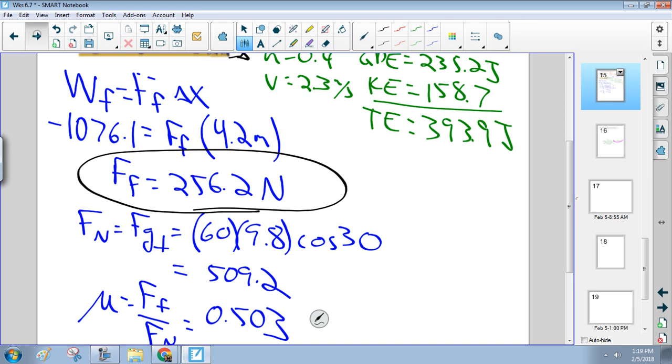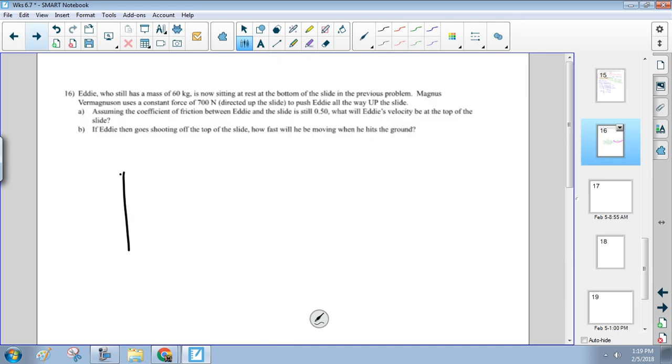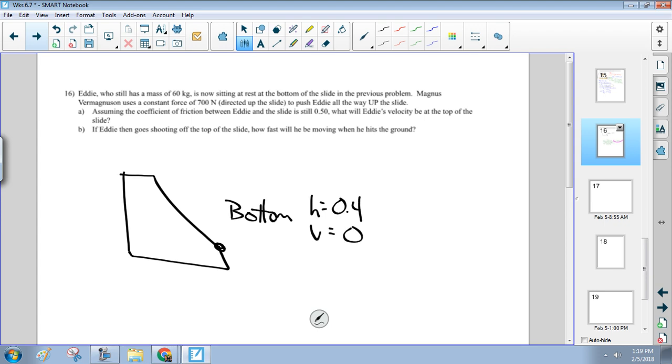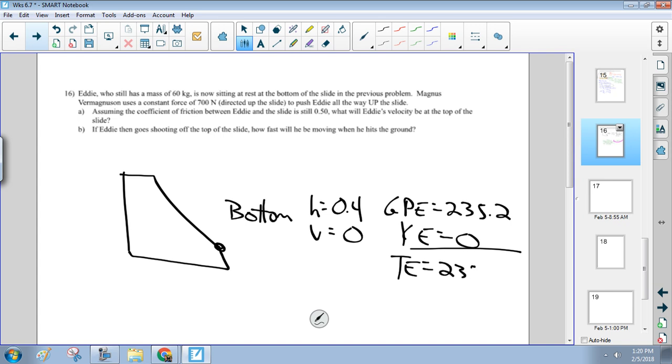Okay, so here's what we know for 16. We know that the kid starts at rest at the bottom of the slide. So at the bottom, the height is 0.4 and the velocity is 0. So that means that the GPE is 235.2, the KE is 0, which means the total energy is 235.2 joules.